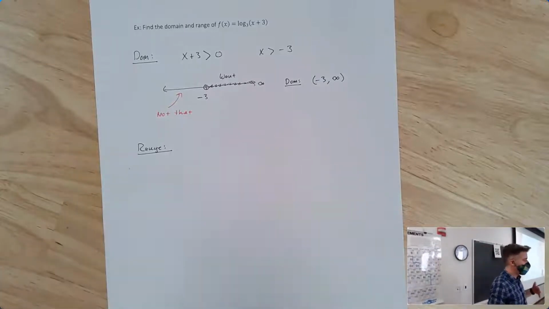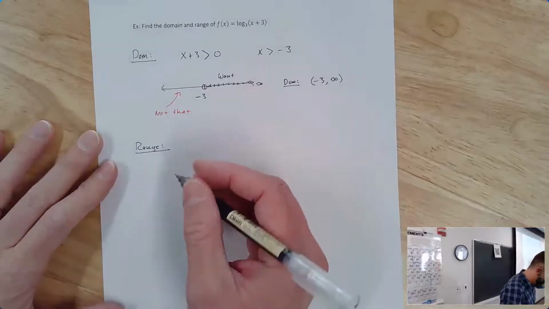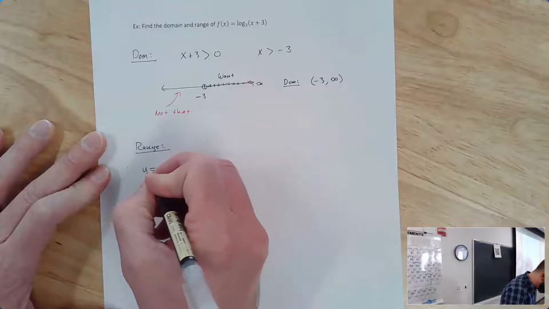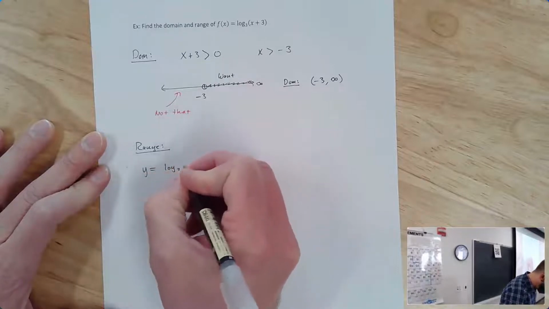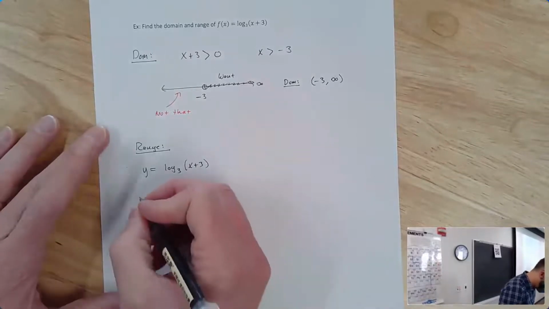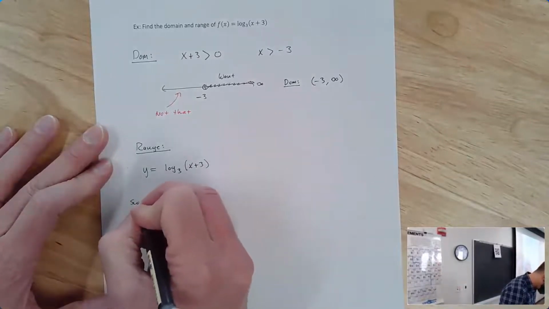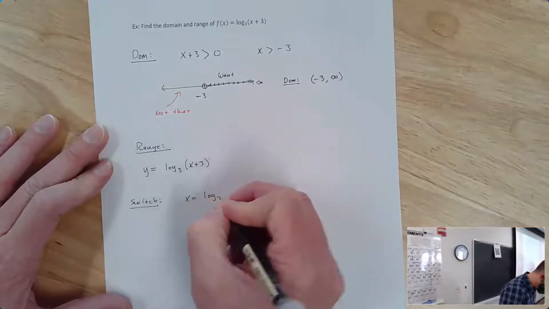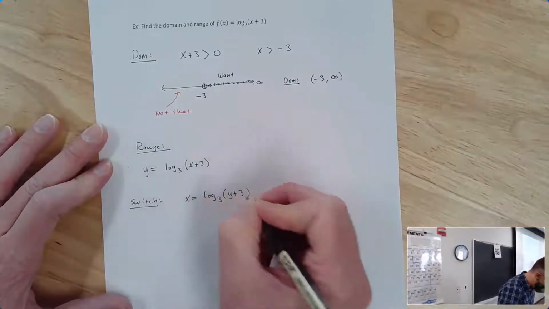Here's how we find it, showing the work if we wanted to. I'm going to find the range of this. I've got my function y equals log base 3 of x plus 3. And I'm going to interchange, or switch, x and y. So x equals log base 3 of y plus 3.